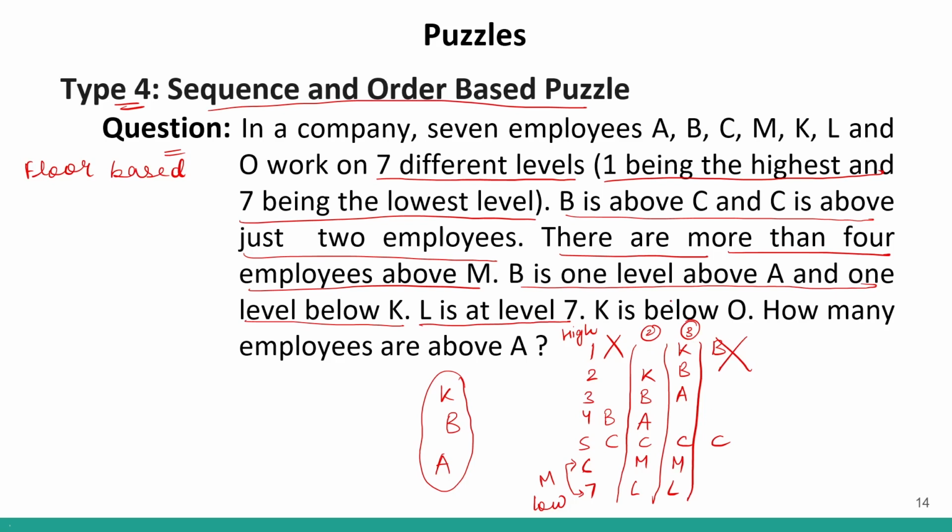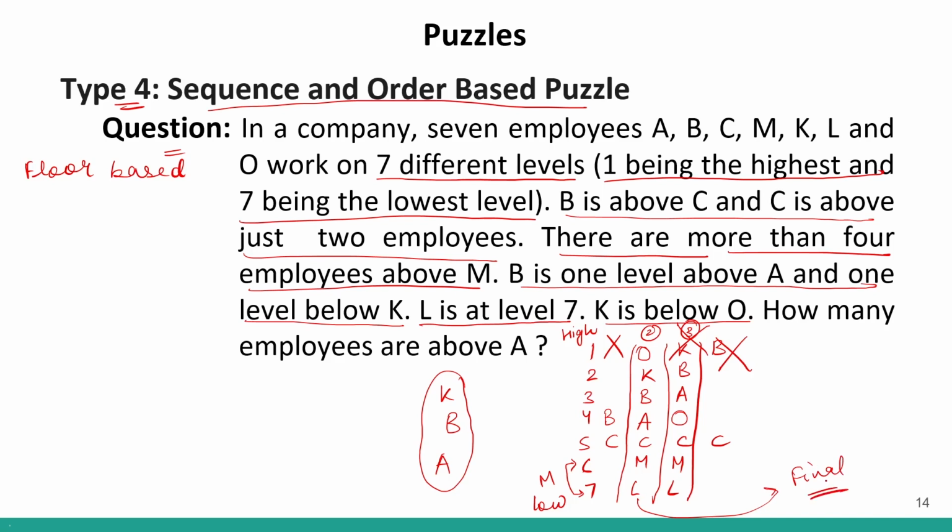Now it is given to us K is below O. Taking possibility number 3, O will be below K, so this is also incorrect. O will be over here, K will be over here. That is how K will be below O. So possibility number 2 will be my final arrangement.